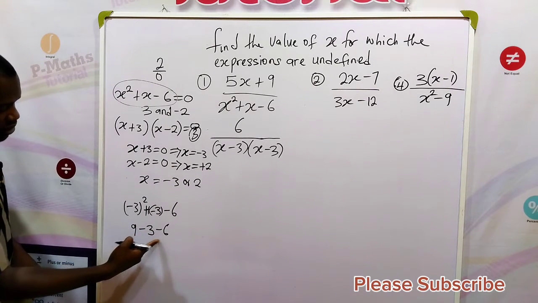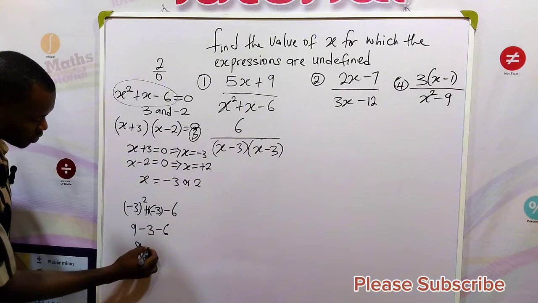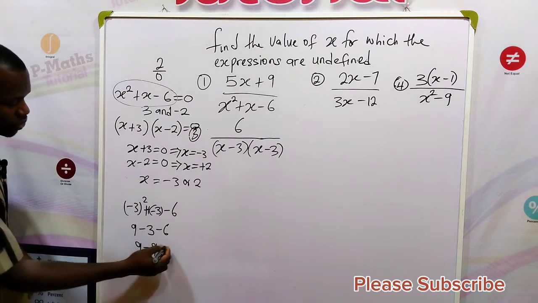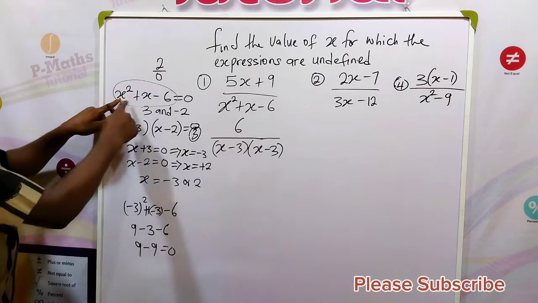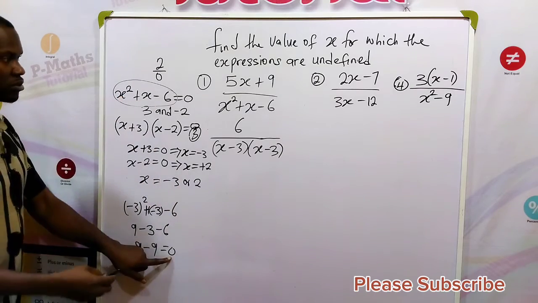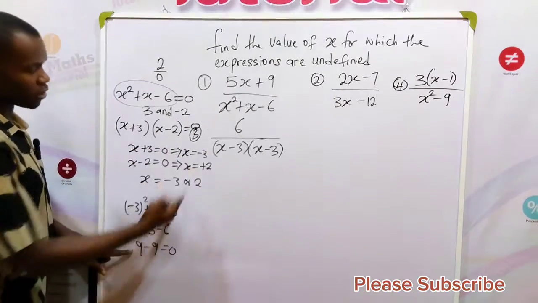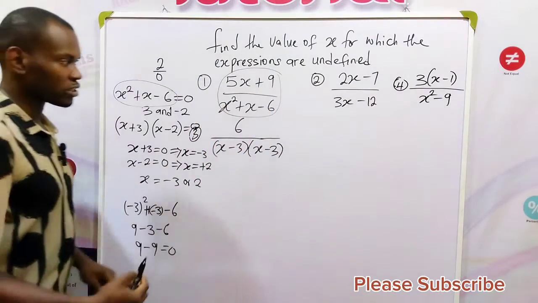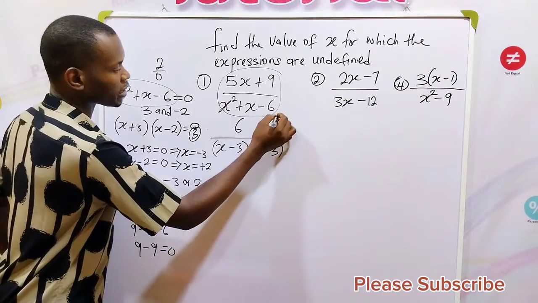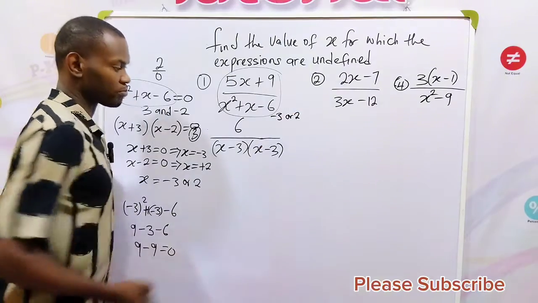Minus 3 minus 6 is minus 9. So I have 9 minus 9, which is 0. You can try that with 2 also. Put 2 here, you will get a 0. So the value of x that will make this expression become an undefined expression is negative 3 or 2.